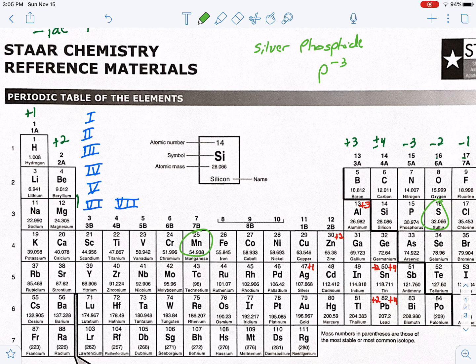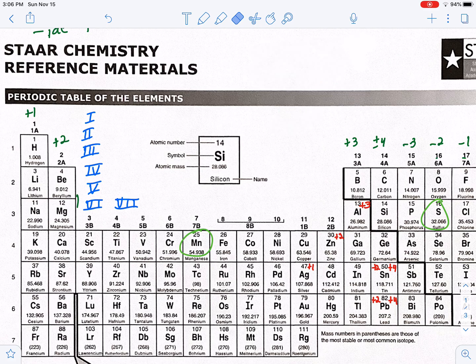Ag +1. You can also notice that I did not give you a Roman numeral in that name, so that's telling you that silver is one of those few that does not change. So now I would just balance it. You can do the crisscross method, so bring the 3 down here, the 1 here. So your balanced formula would be Ag3P. And that's it.